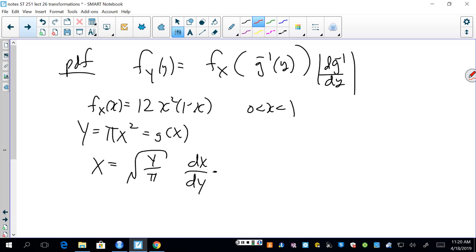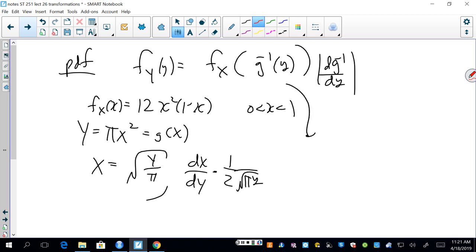So it's y to the 1/2, and you get 1/2 out front, and then y goes to negative 1/2, which is like 1 over the square root. So that ends up being the derivative of that thing. To do this PDF type of approach, you got the density, your transformation, your inverse, and then you just differentiate it.